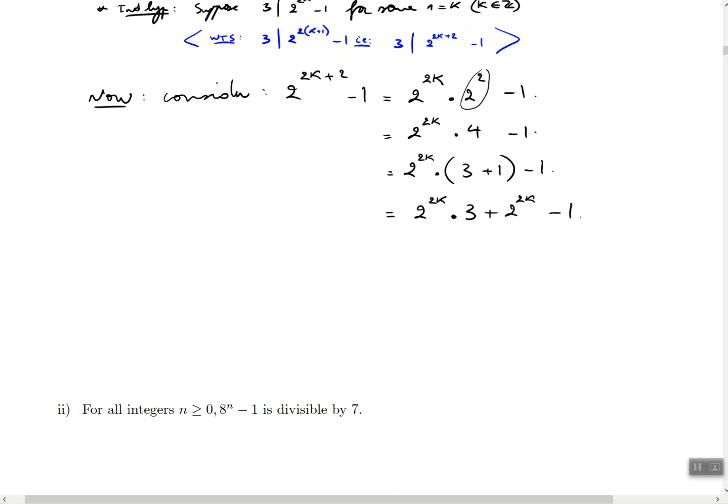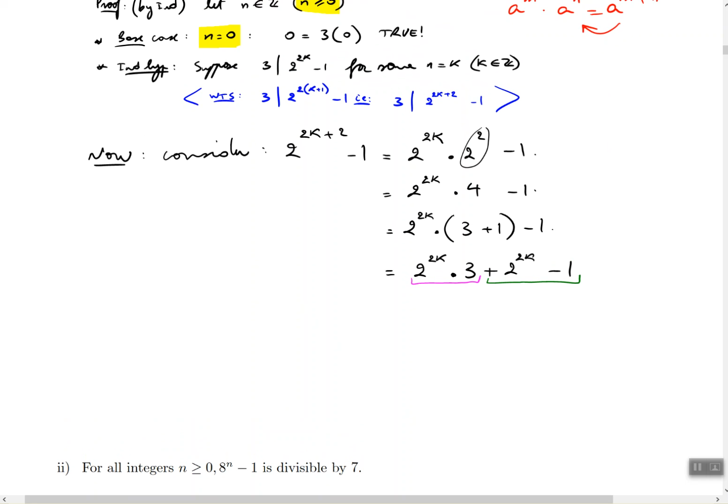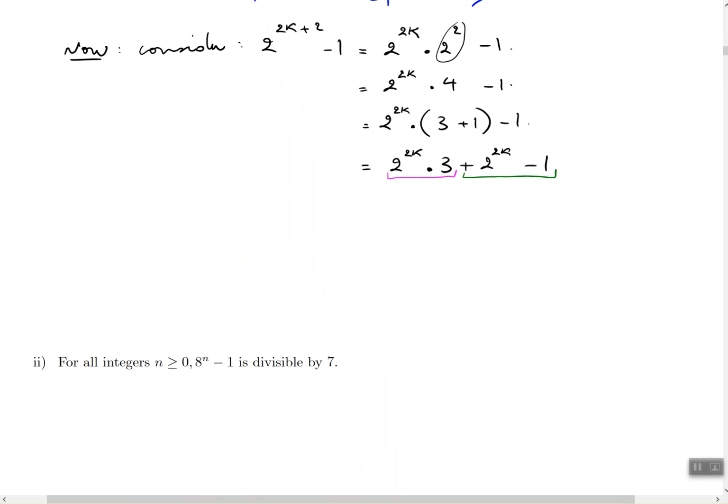Now, we can already see that this first piece is going to be divisible by 3 because of the 3 that's showing up in it. So that's great. And the second half of the problem has 2 to the power of 2k minus 1, which in our inductive hypothesis, we assume that 3 divides it. So, if 3 divides it, then what can we say?